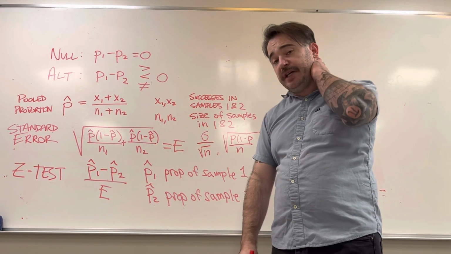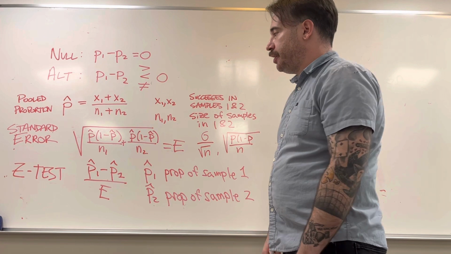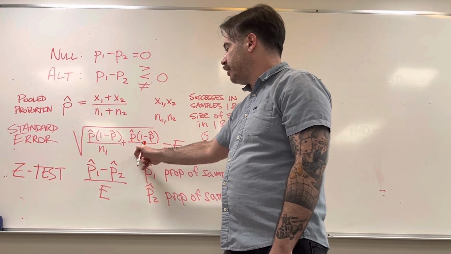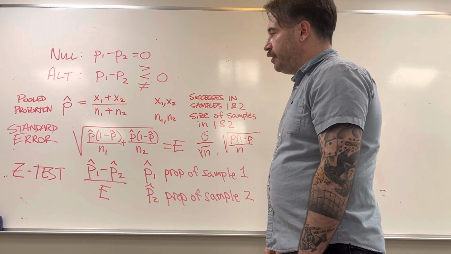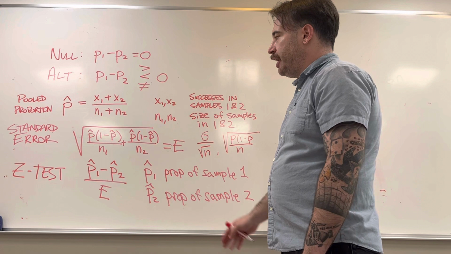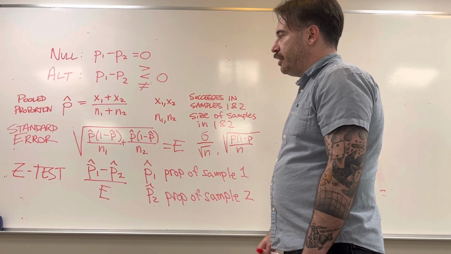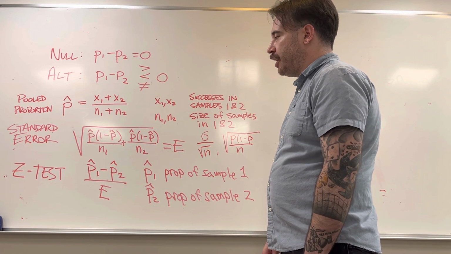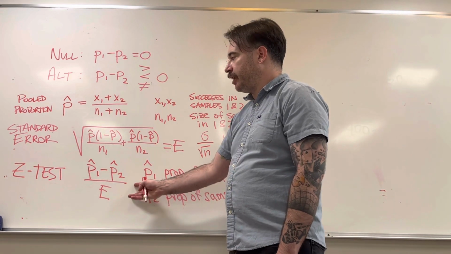This is just a variation of that. So to get our standard error, it's p hat times 1 minus p hat over n1 plus that same thing over n2. So once we get that standard error, that's how much approximately the data should vary. Our standard error comes into context a little bit more when we actually do the z-test on it.